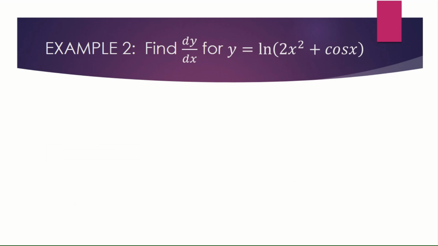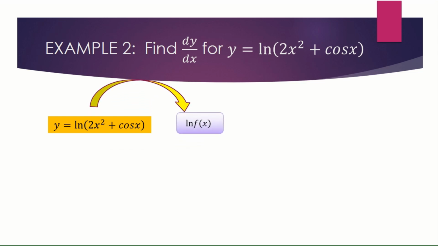Now we go to the second example. Let's say we have y equals ln of 2x squared plus cos x. Similarly, y is in the family of ln f(x), because we have ln of something, with f(x) equal to 2x squared plus cos x.